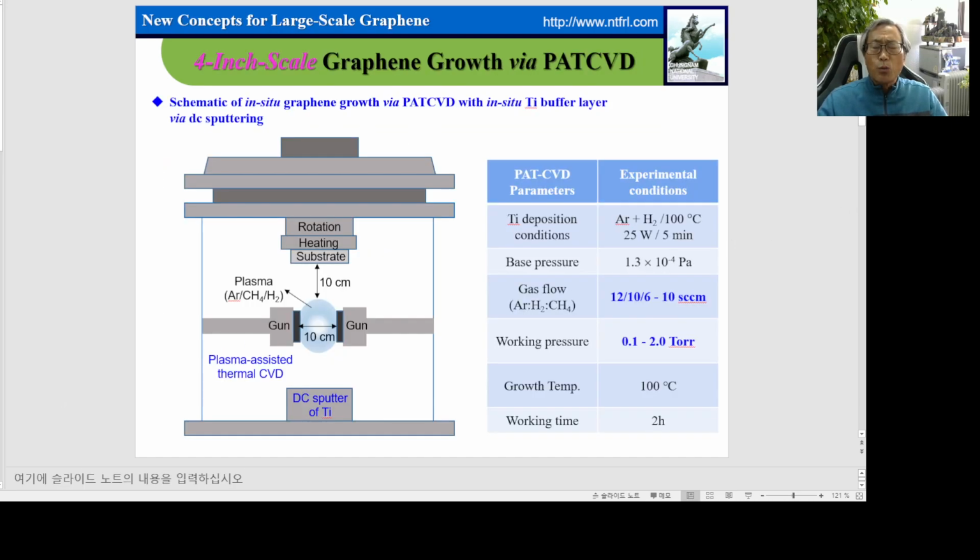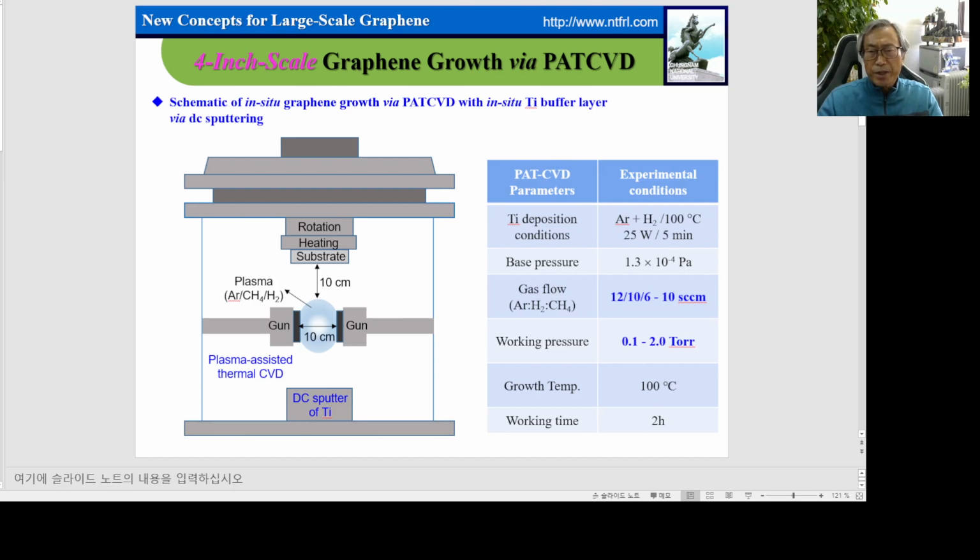Because of that, we fabricated one system: titanium deposition by DC sputter, and after that we grow the graphene by plasma-assisted thermal CVD, without breaking the vacuum. As you know, graphene is very sensitive to plasma, so we designed the plasma system like that.